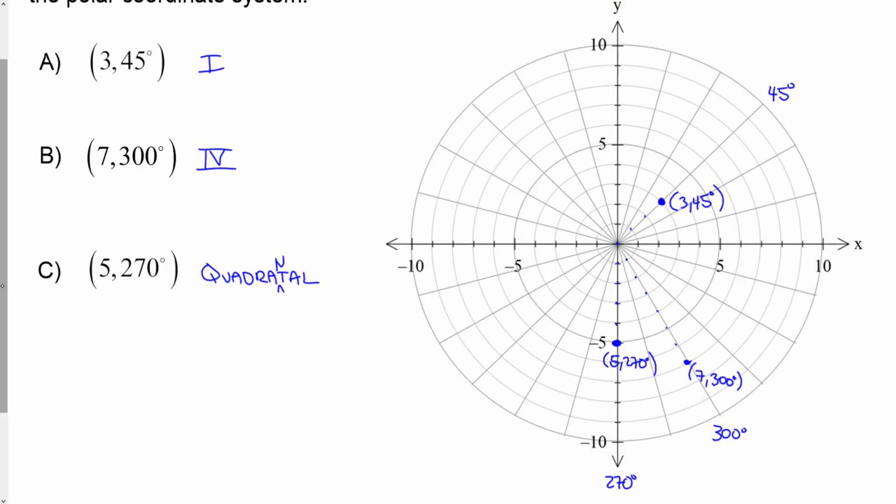Notice that point is technically labeled with a -5. That's not really necessary in the polar coordinate system, although I do see a lot of polar coordinate systems labeled with negative numbers. So technically, you shouldn't have these labels on the polar coordinate grid. You should only have positive numbers that are labeling.